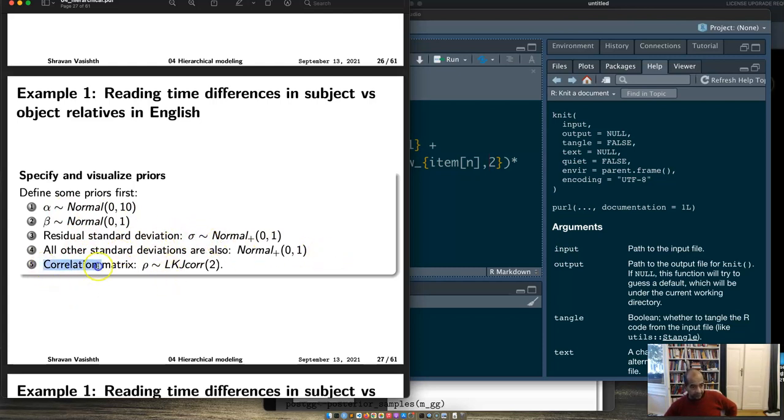The only new thing here is the prior on the rhos. The prior on the rhos depends on a fact about variance covariance matrices, which is that you can decompose a variance covariance matrix into the standard deviations and something called a correlation matrix. So we will define a prior on the correlation matrix. The fact that we will rely on is the following.